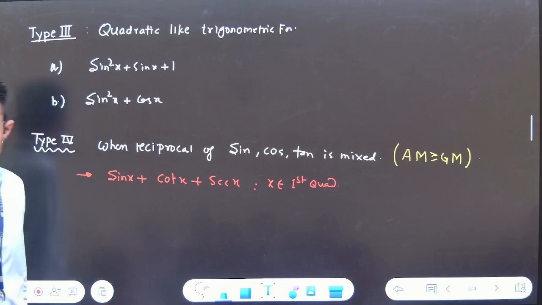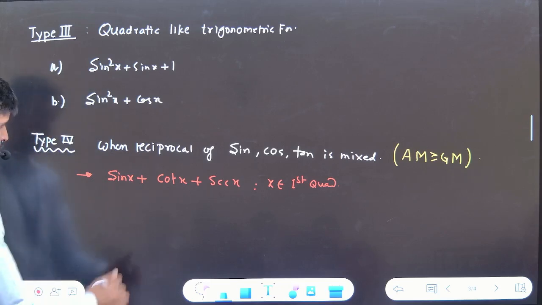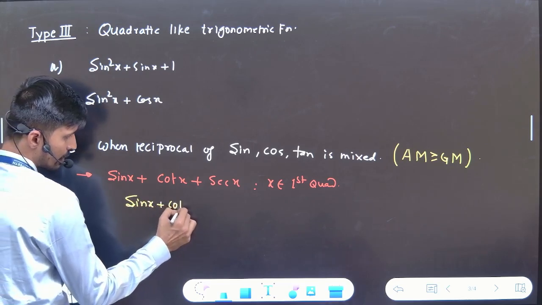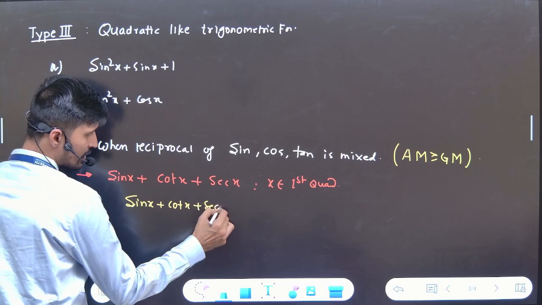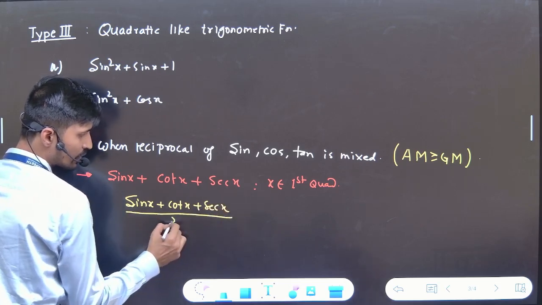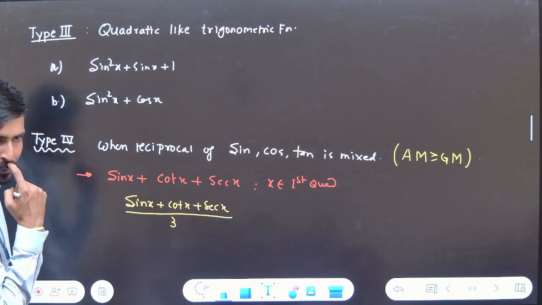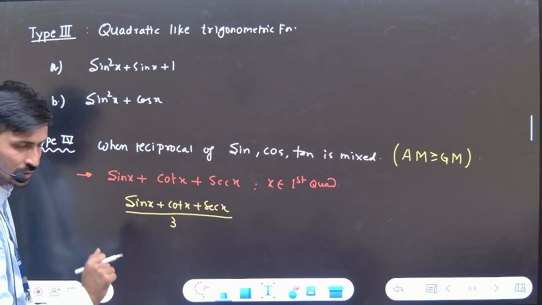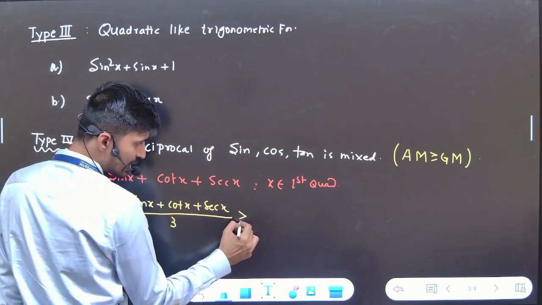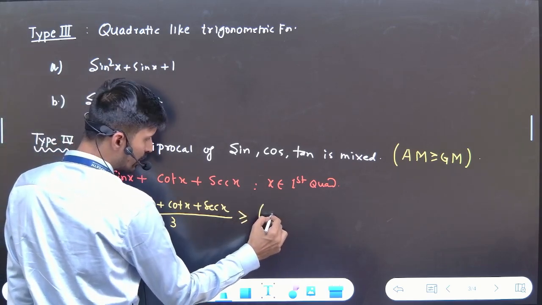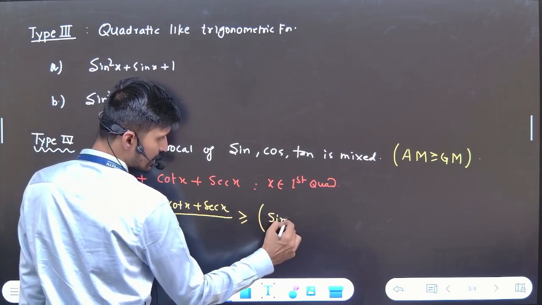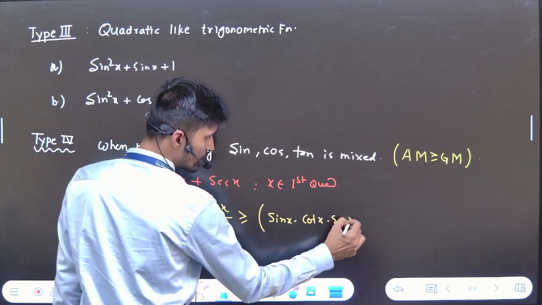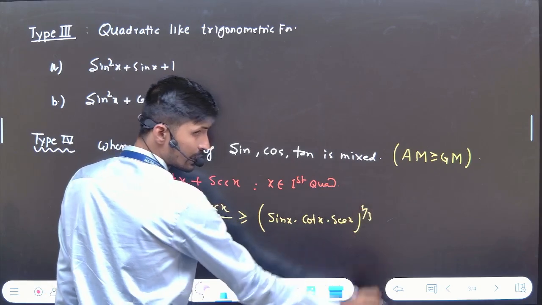Now how will it give the range? It's a very simple thing. I will write sin x + cot x + sec x, and find the arithmetic mean of this, so it will be divided by 3. Now AM is greater than or equal to GM. So how will we write GM? (sin x · cot x · sec x) raised to 1 by 3.